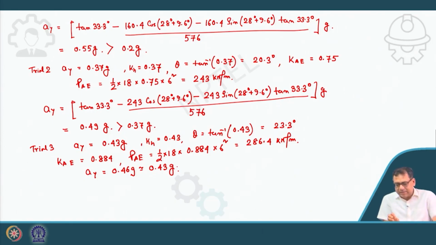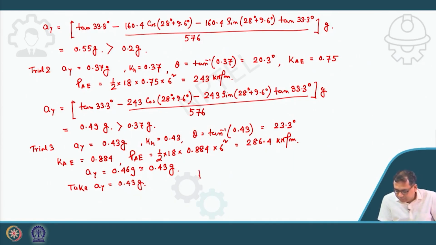Okay, but as it is very close, so I will stop here. But if you want, you can go for another trial also. So, the value we assumed is 0.43 G, but actually it may be around 0.44 or 0.45. So, it will be around 0.44, but I am taking this 0.43.